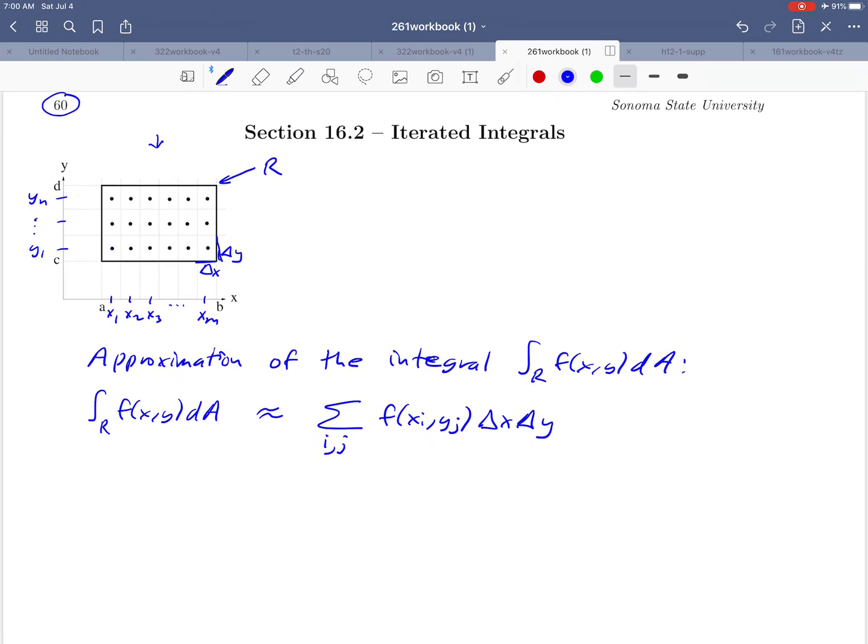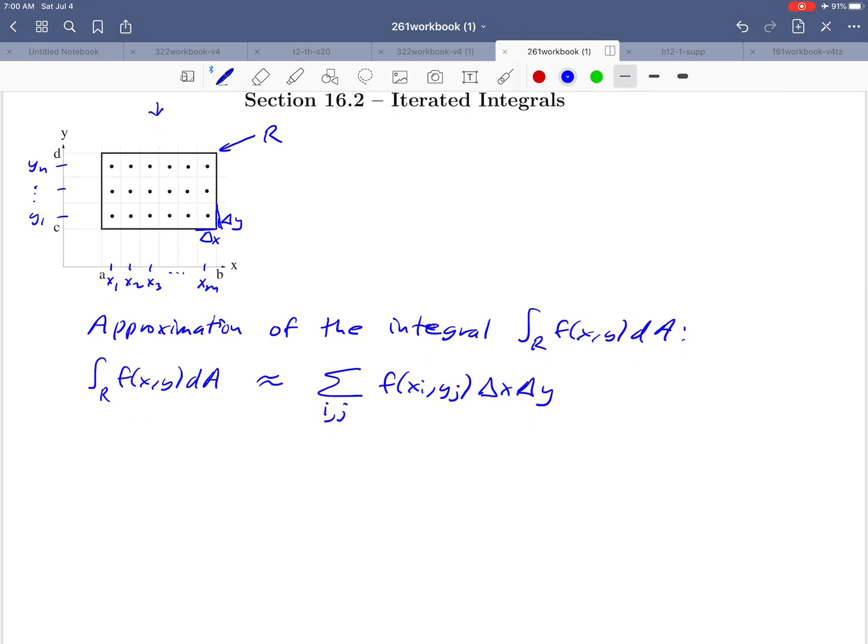Well, here comes the new idea in this section. We can actually take this sum that we have and organize it into two pieces, so to speak. I'm just going to write this and then we'll talk through it together. We can break it into a sum over j and a sum over i separately.